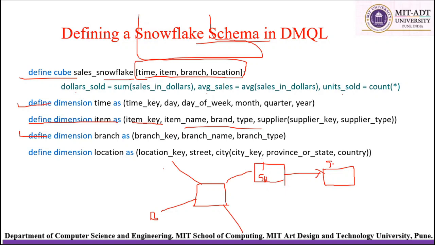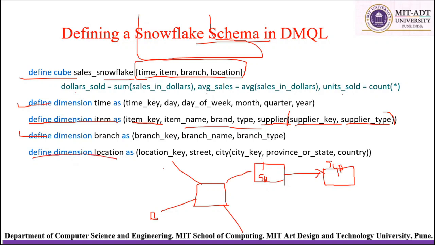We have added the supplier key and supplier type here. So supplier is the dimension attribute and it is again extended in the 2 attributes, supplier key and supplier type. So supplier and in brackets we are specifying the extended attributes.